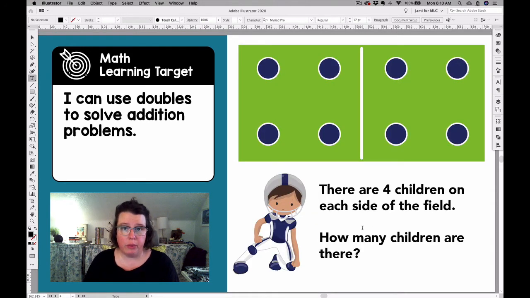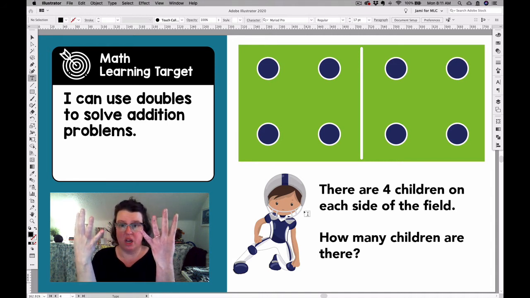Let's look at that problem in a different way with a story. There are 4 children on each side of the field. How many children are there? Now, I could count each child one by one, but that would take a long time. And I just did a problem that was the same problem with the same numbers, a doubles problem, 4 plus 4.